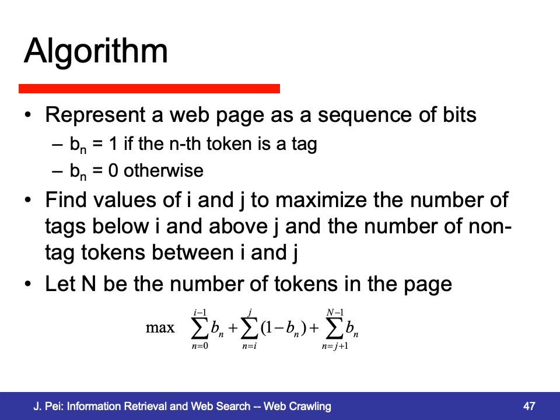And this can be easily rewritten into the following maximization problem: we try to maximize the sum of all the bits below i and all the bits above j, but for the bits between i and j, we want them to be as small as possible. Or in other words, we want the sum of 1 minus b_n to be as large as possible.